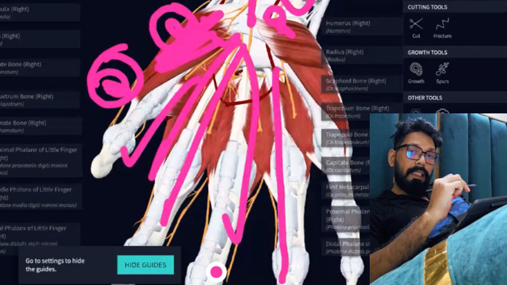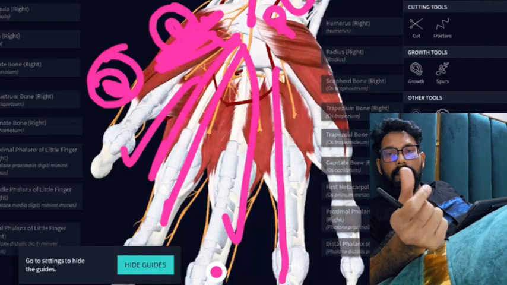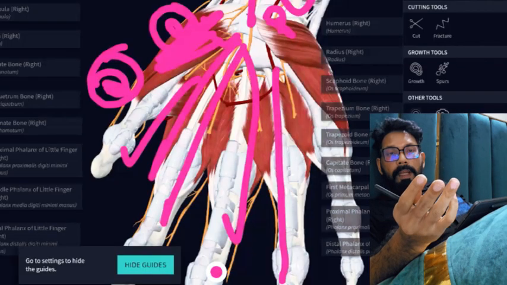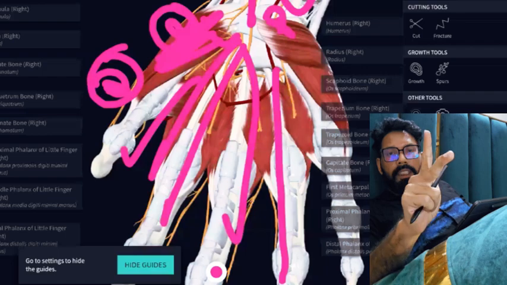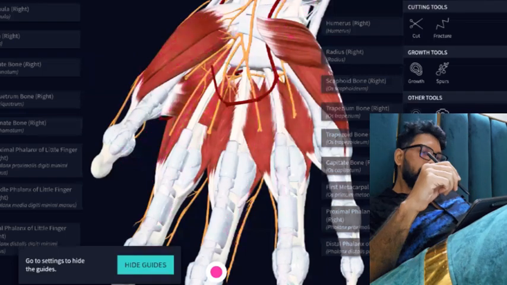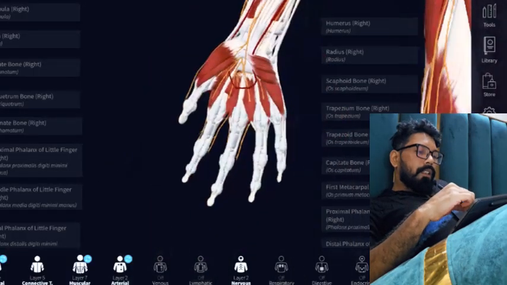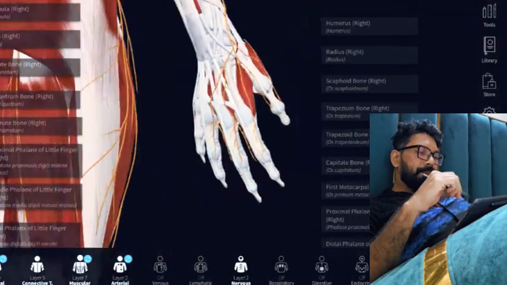Plus the nail beds of 1, 2, 3 are supplied by the median nerve. Then I will talk about the injury.